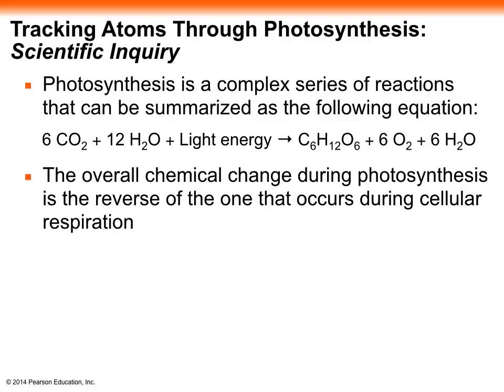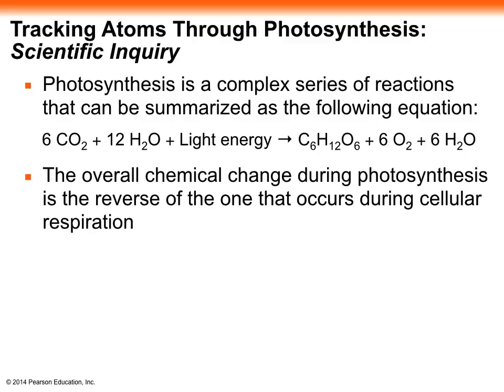Be sure to be very familiar with the reaction of photosynthesis. 6 CO2, 12 H2O, and light energy is converted into 1 glucose molecule, 6 oxygens, and 6 H2O. The overall chemical change during photosynthesis is really the reverse of that of cellular respiration.